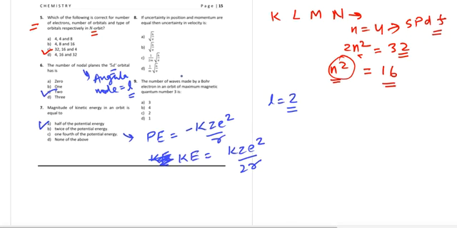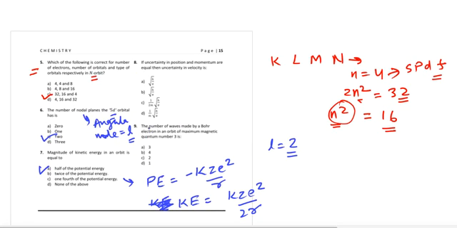Now let's come to question number 8. It says that the uncertainties in position and momentum are equal, then the uncertainty in velocity. So you have to take minimum uncertainty in this case. We know that delta x into delta p is equal to h by 4 pi, and it says that delta x is equal to delta p. So delta p square is equal to h by 4 pi.